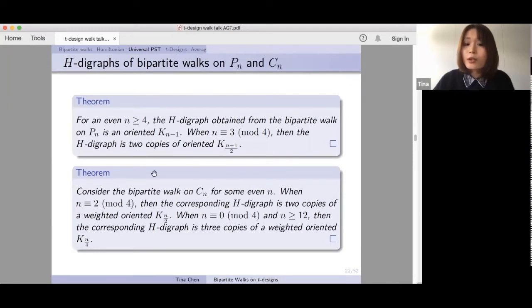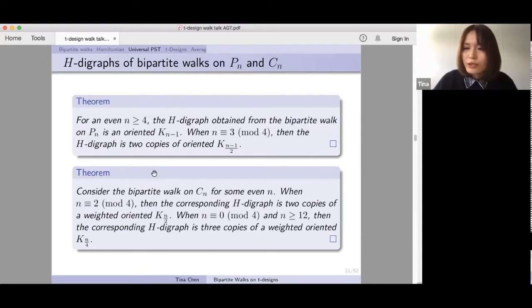And we can get a similar result for Cn. The H-digraph will be either 2 copies of oriented K_{n/2} or 3 copies of oriented K_{n/4}, depending on whether n is divisible by 4 or not.